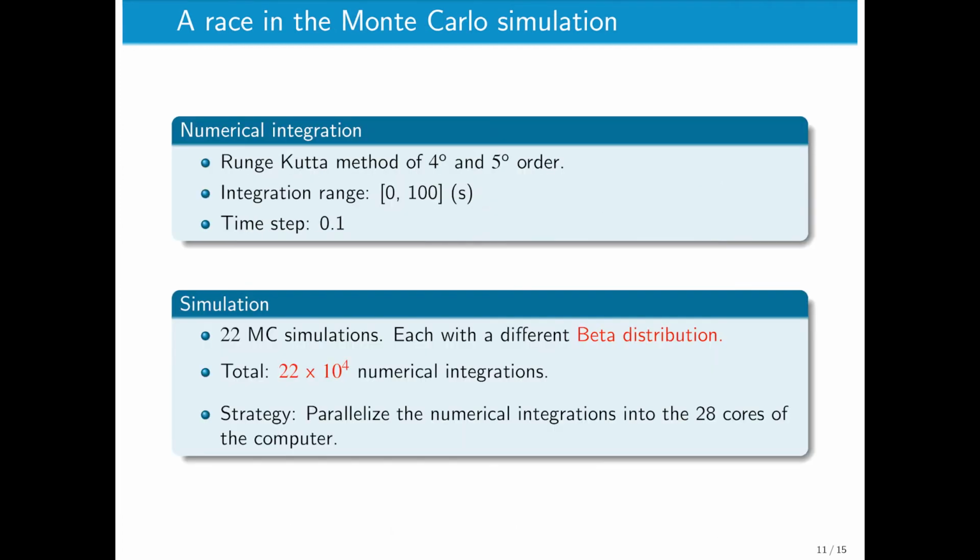To compute the numerical approximation, we use the Runge-Kutta method of 4th and 5th order. The integration range is between 0 and 100 with a step of 0.1 seconds. Note that the time step employed in the simulation may be too high to get the transition instance with accuracy.